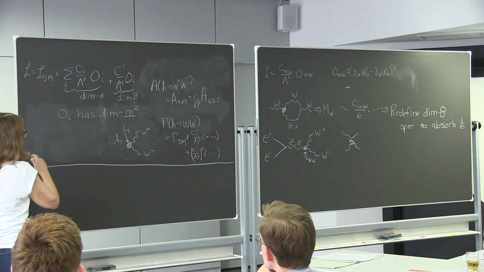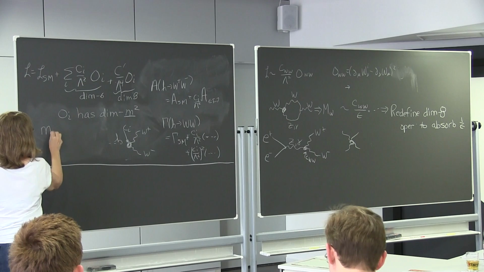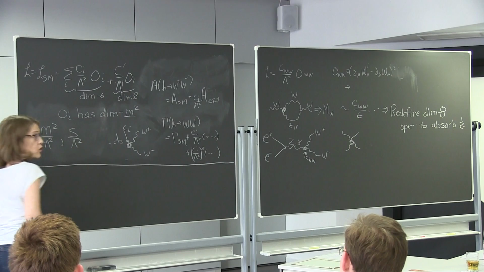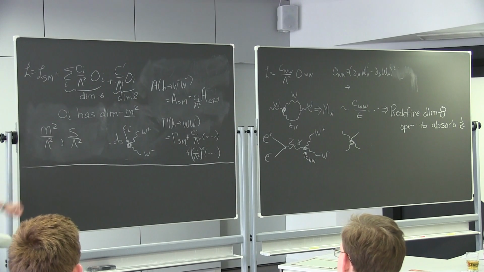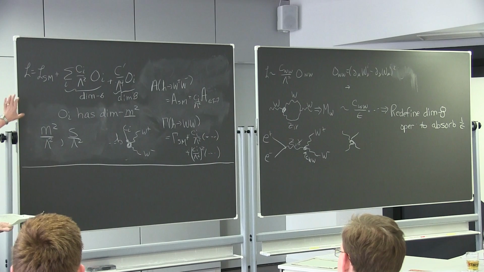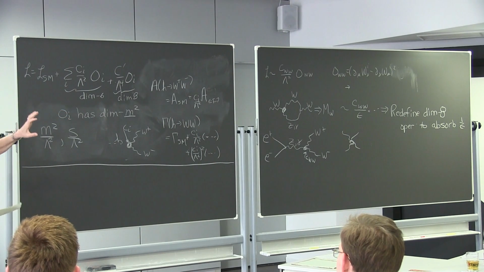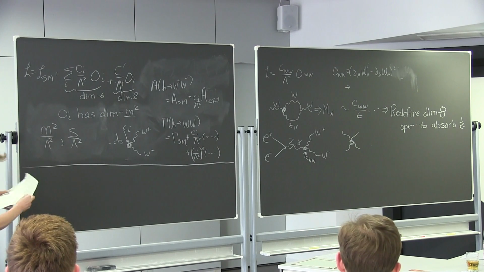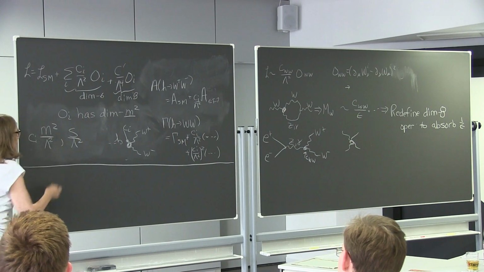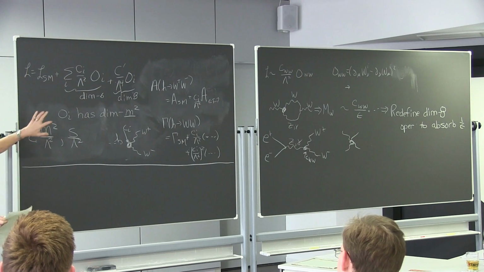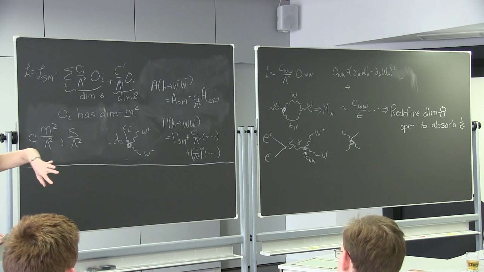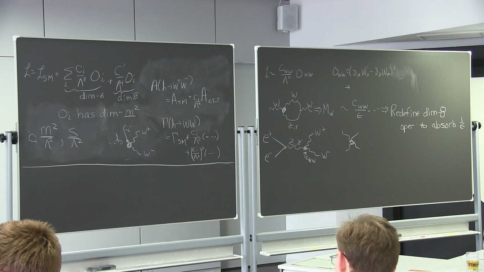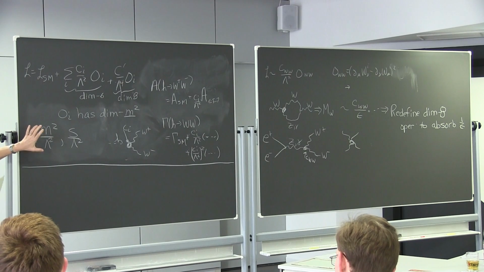So when I calculate with that, I'm going to get corrections which go like m squared over lambda squared, or s over lambda squared, terms like that. The s will be there if I have derivatives in my operator. So this whole expansion only makes sense if this is less than 1. Let me put the C here too. If this thing is not less than 1, then the next term is bigger and the next term is bigger, and it's a non-convergent expansion. So by construction, it's only valid when these terms are less than 1.